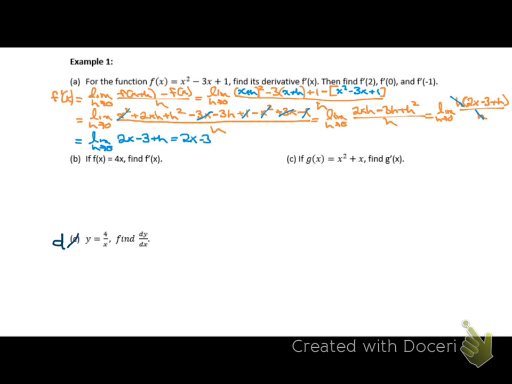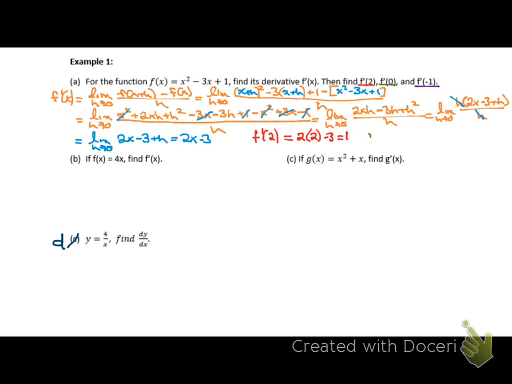That's the derivative. Now that I know what the derivative is, I can answer the other parts of the question. It says find f prime of 2, f prime of 0, and f prime of negative 1. For f prime of 2, I'm just taking 2 and plugging it into this equation. So it's 2 times 2 minus 3, which is very simply 1.